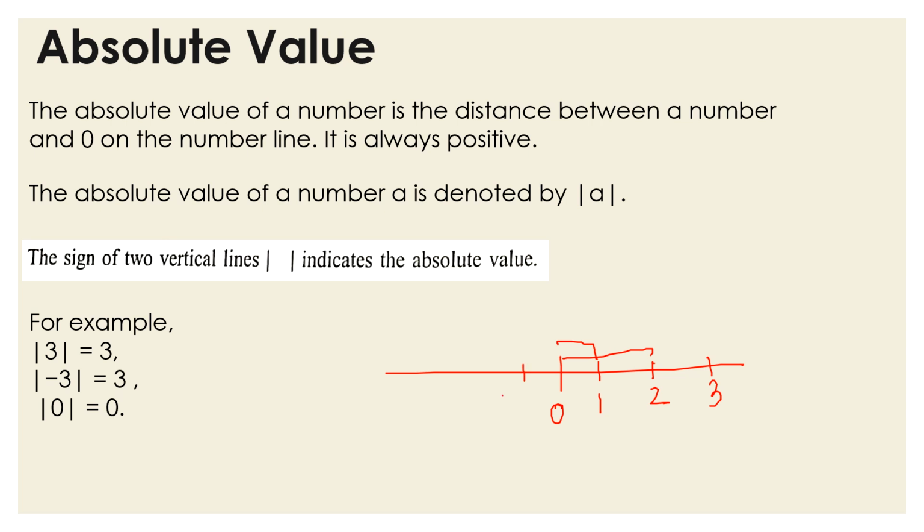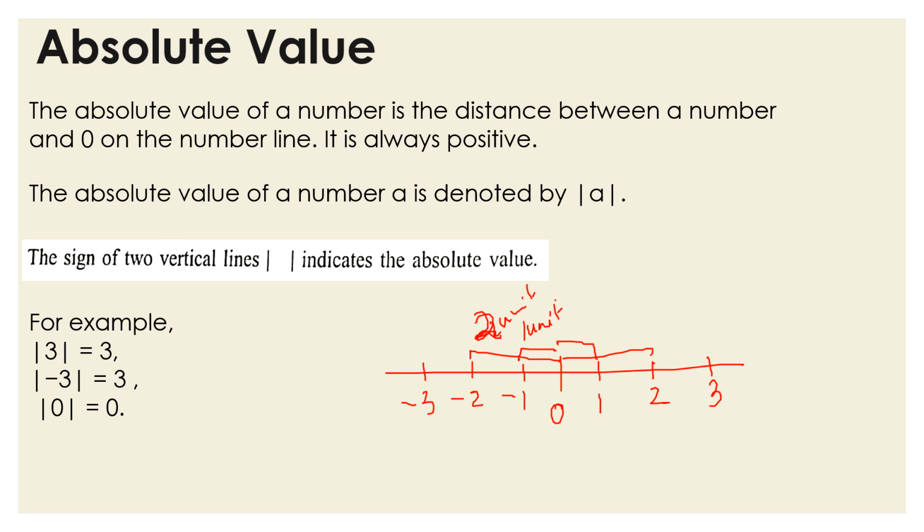For example, if this is minus 1, this is minus 2, this is minus 3. What is the distance of minus 1 from 0? You see, it is 1 unit away from 0. How far is minus 2 from 0? This is 2 units away from the 0.